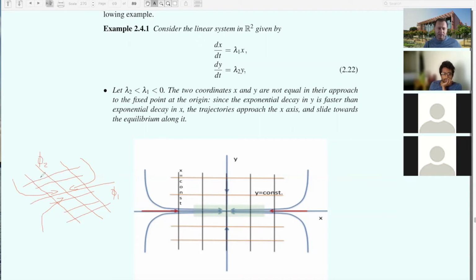So if you started on one of these lines where phi2 is equal to constant, it wouldn't matter exactly what phi1 would be, right? All of them would go towards phi2 equal to 0 as e to the lambda 2 t phi2. That's the idea, and that connects us to the topic in the introduction that we talked quite a bit about, which is partitions of the state space that are being induced by Koopman eigenfunctions. And you will see that in the nonlinear case, that works for us very well as well.